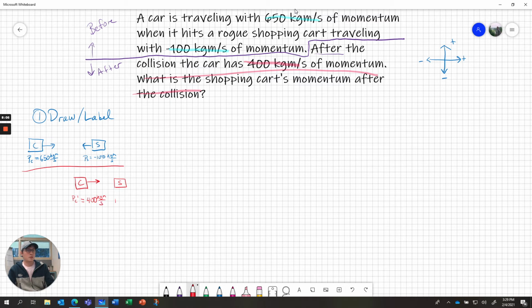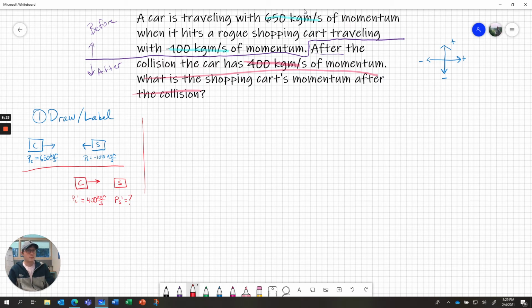And then shopping cart PS prime. Momentum of shopping cart after is unknown, so it just gets a question mark. Cool. So now we don't even have to look at the text anymore. All the information we need is right here.